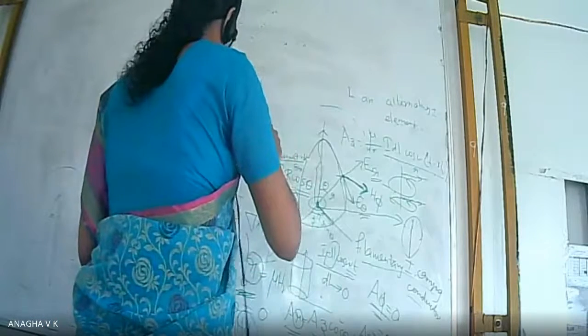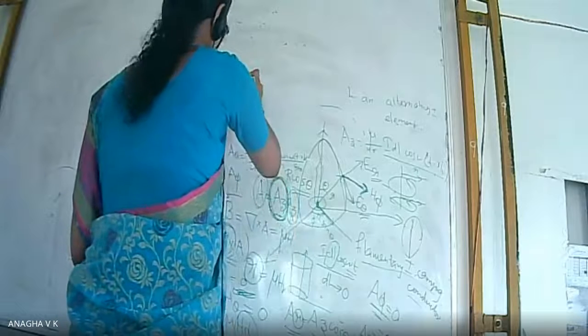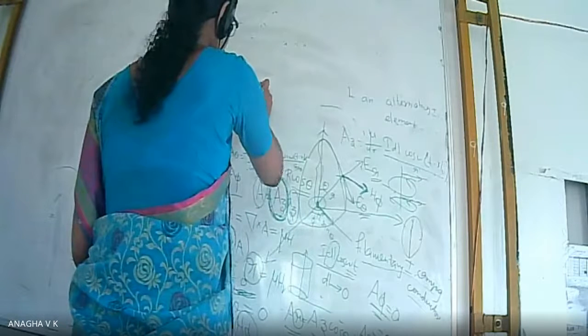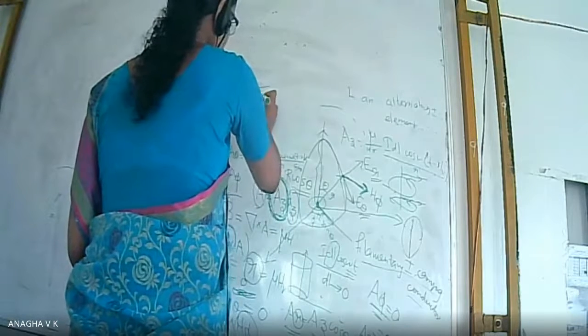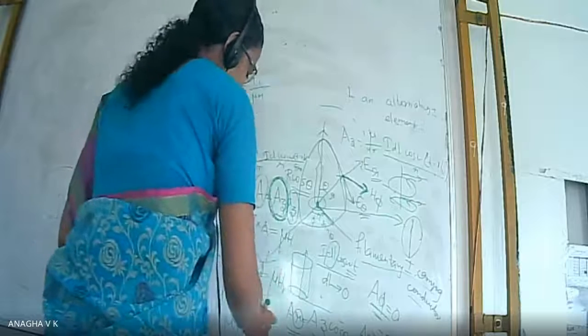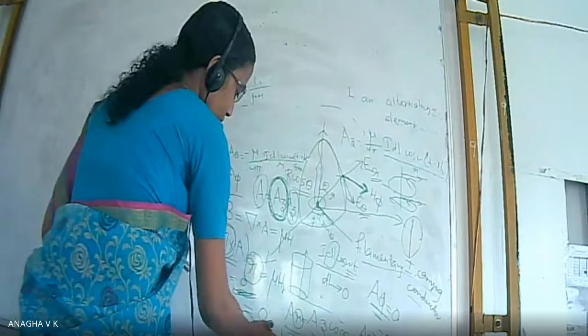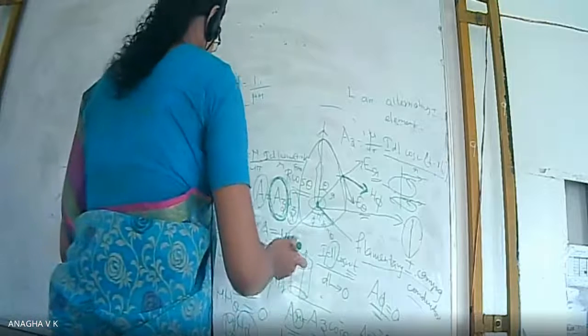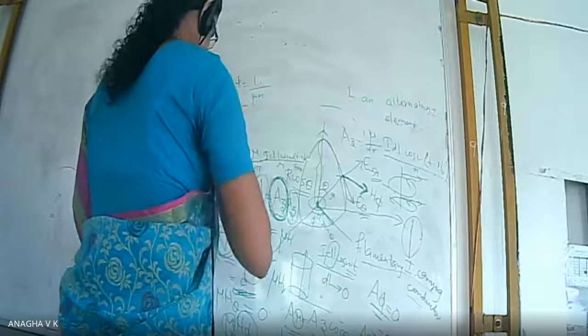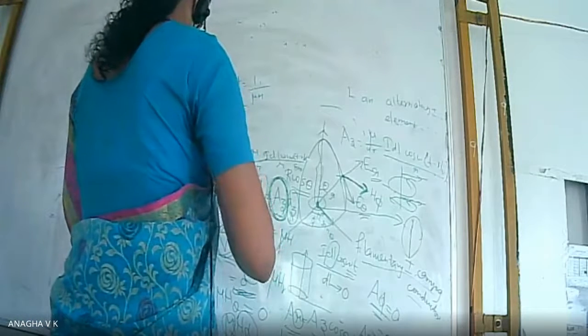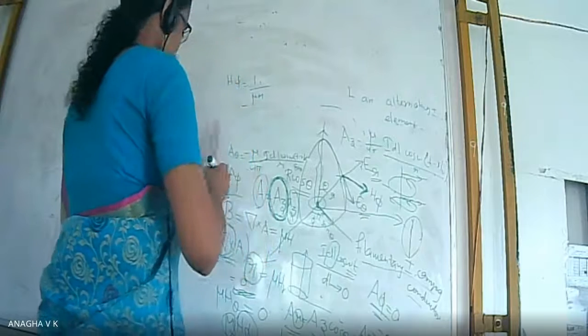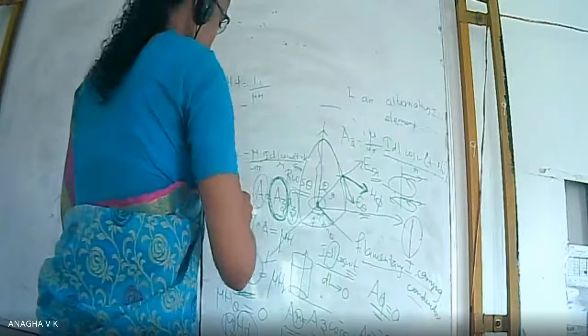H phi is nothing but 1 by mu r. So this mu we have taken in the denominator, 1 by mu r. So the equation was what?